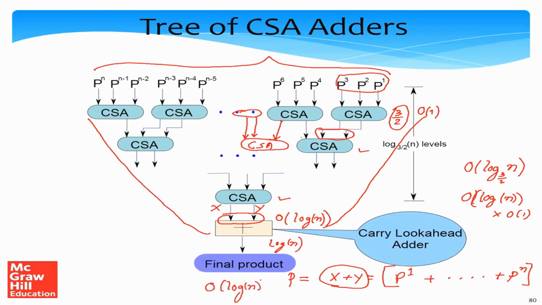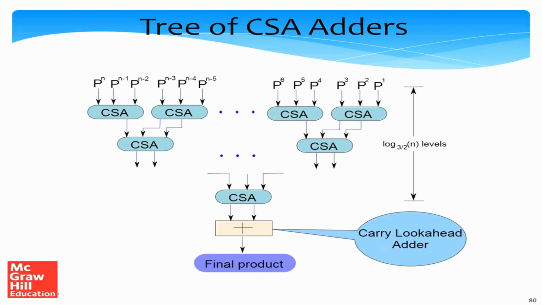So this is the fastest possible multiplier, and this is very commonly and frequently used in commercial circuits. As you can see, this is very fast, and the reason it is fast is basically because of this carry save adder.